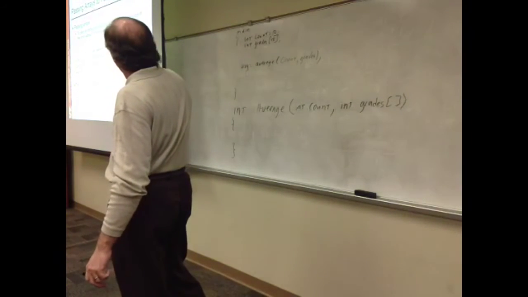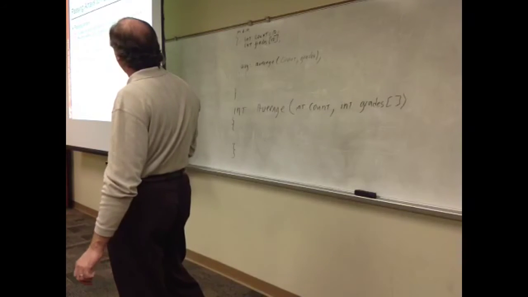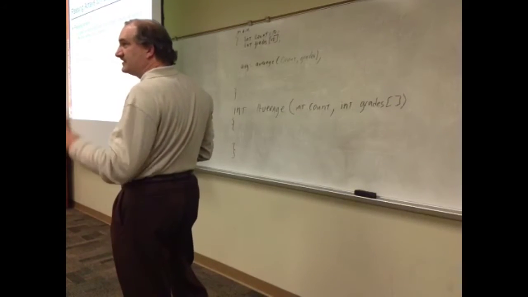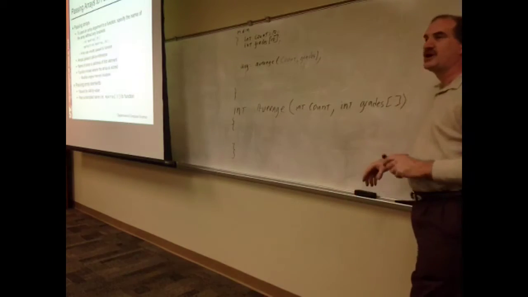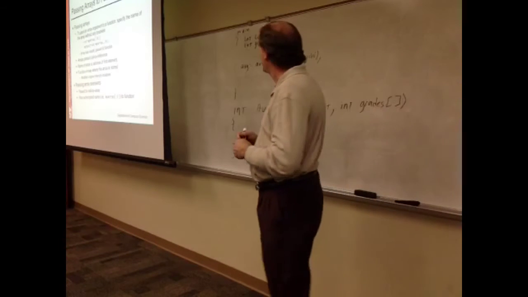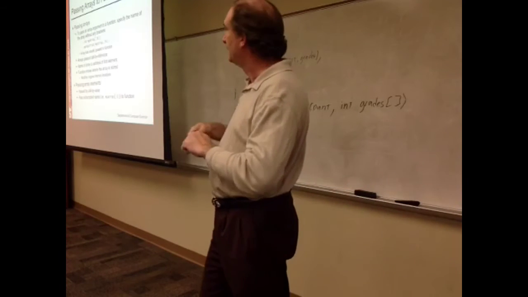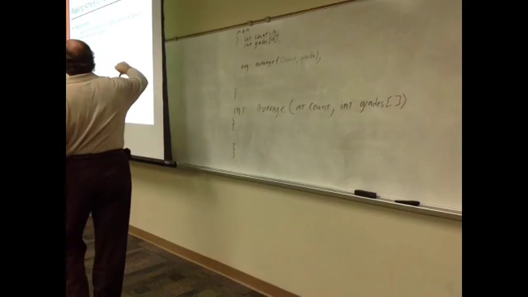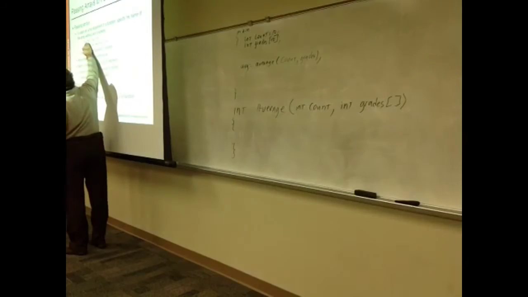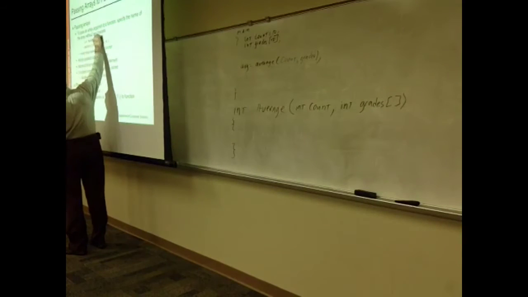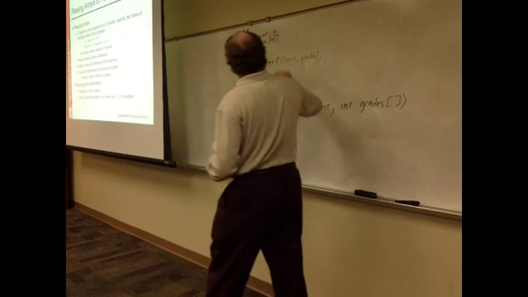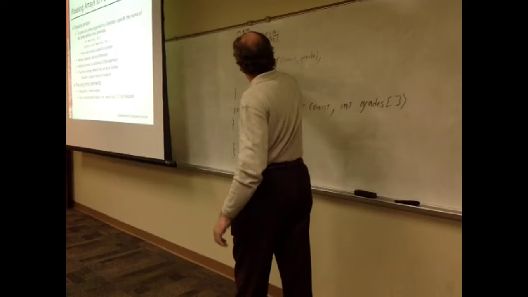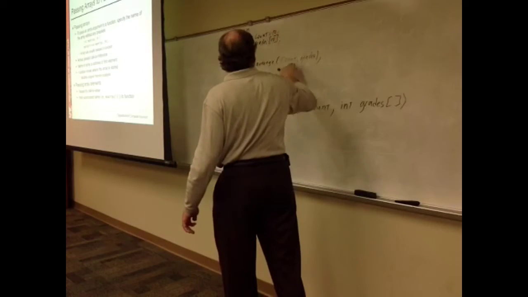That initializes the array and sets aside the memory spaces, and that's in the main. Then we're calling the function average, passing it count and grades.